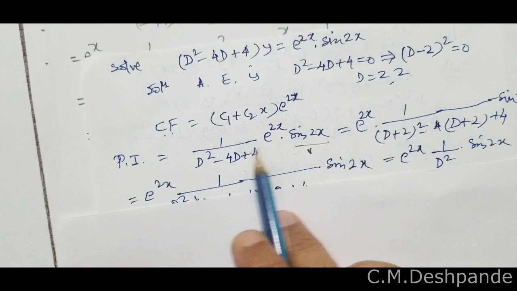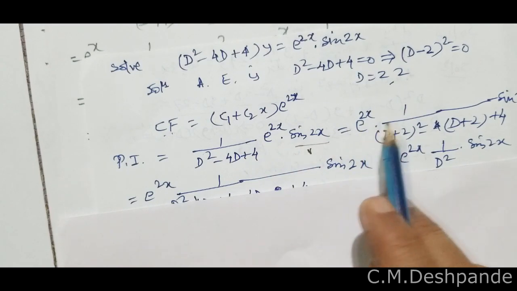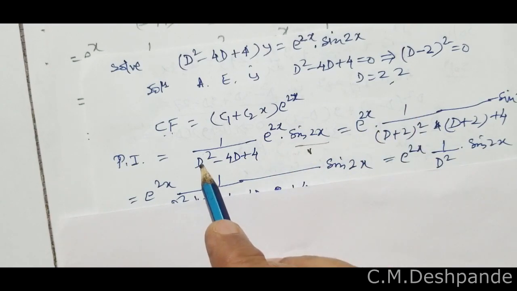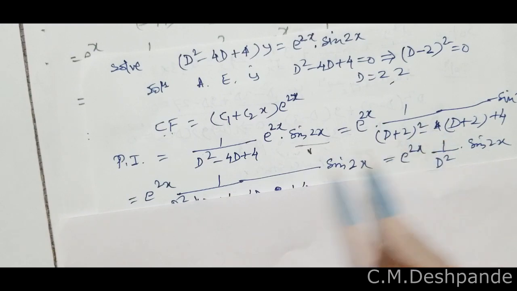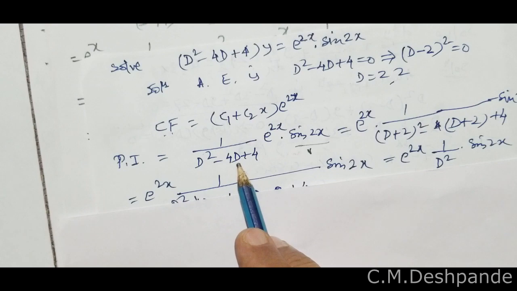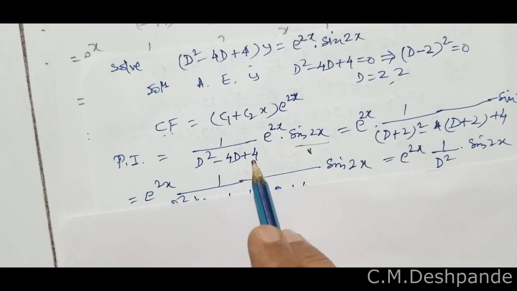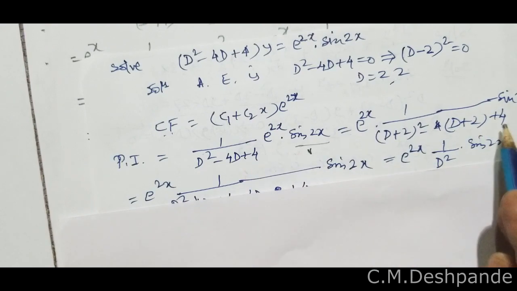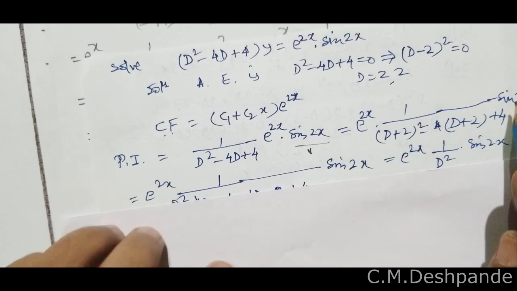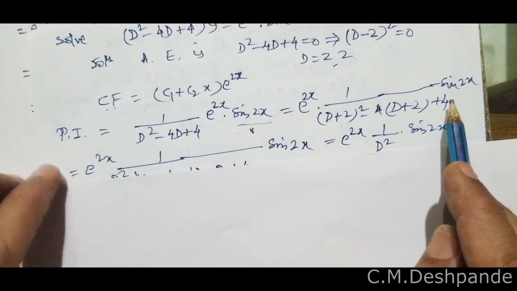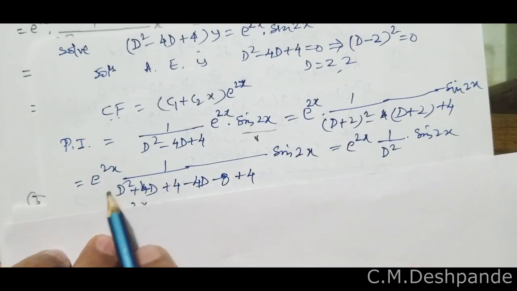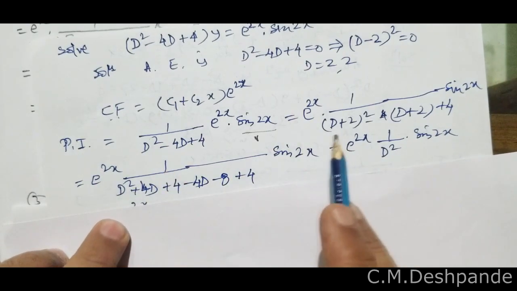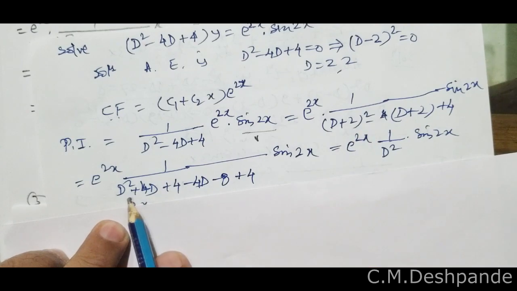Now taking e raised to 2x out of the operator, e raised to 2x into 1 upon this D replaced by D plus 2. So it becomes D plus 2 whole square minus 4, this D also replaced by D plus 2, and plus 4 as it is, operating on function v. Then to operate on function v, first simplify that denominator. e raised to 2x into 1 upon D plus 2 whole square is D square plus 4D plus 4.